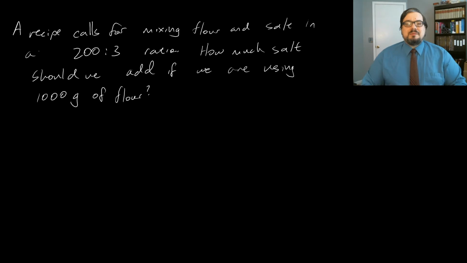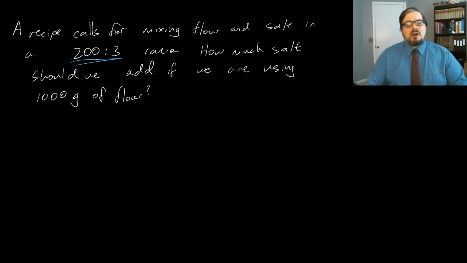So this problem is giving us a ratio. It's giving us a particular relationship between flour and salt. We're trying to figure out the amount of salt in another situation, but one that's going to use the same ratio of flour and salt.